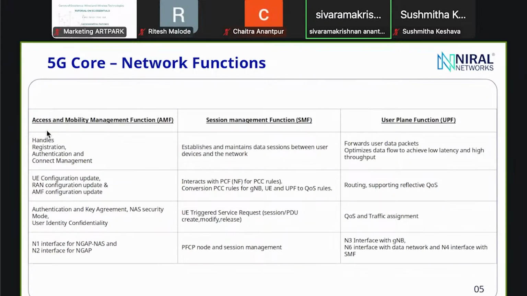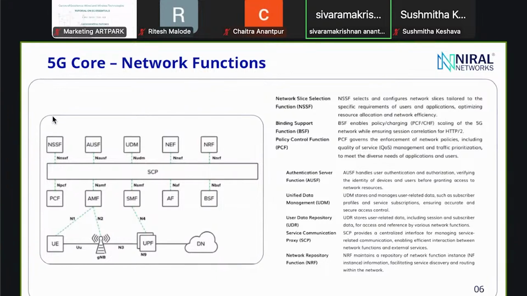So just wanted to highlight these points, and a couple of other important points with respect to the high level view of the 5G core network functions. There is a network function called SCP, Service Communication Proxy. Basically, it helps all network functions to communicate through it.